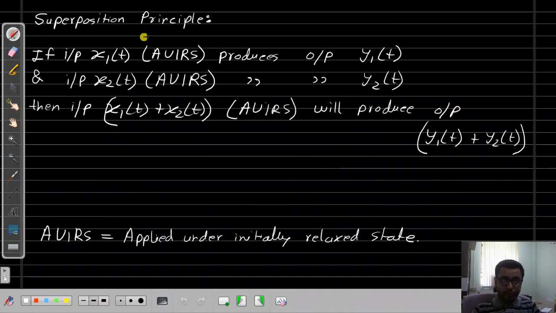According to superposition principle, if input x1 applied under initial relaxed condition produces output y1 and x2 produces y2, then x1 plus x2 will produce y1 plus y2. That is superposition principle.